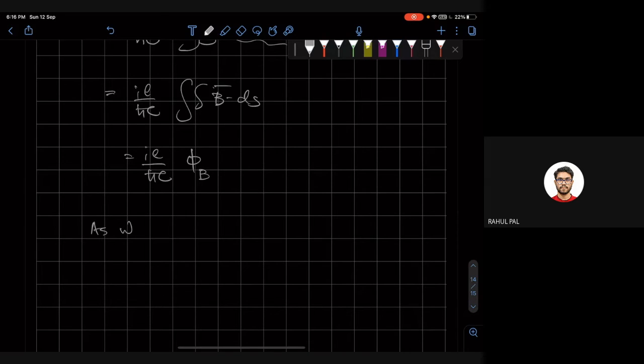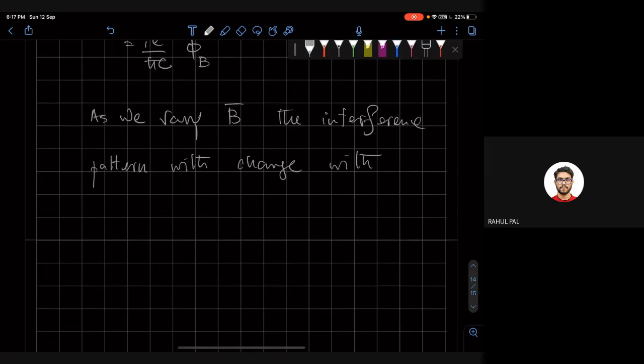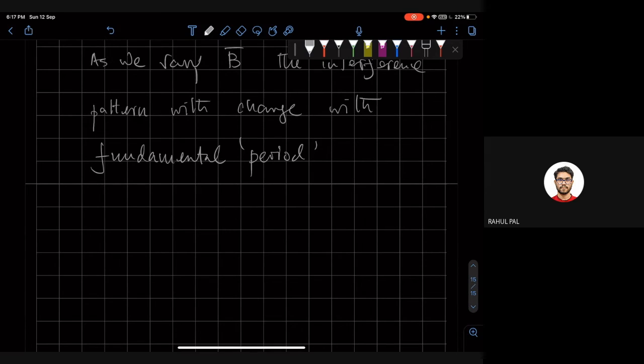So as we vary the magnetic field, the interference pattern will change with the fundamental magnetic field periodicity, the fundamental period.